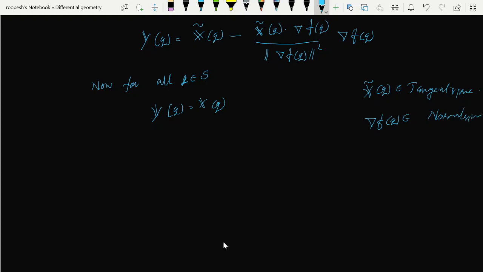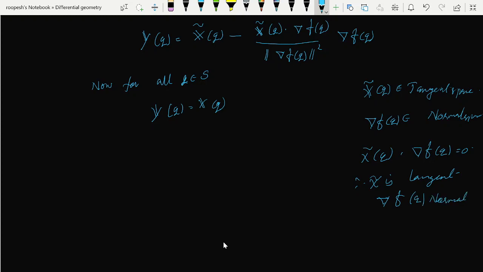So X tilde of q dot del F of q should be equal to 0, since X tilde is tangent and del F of q is normal.